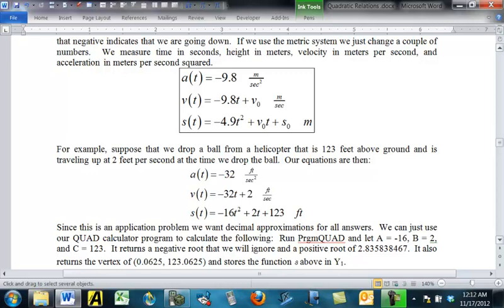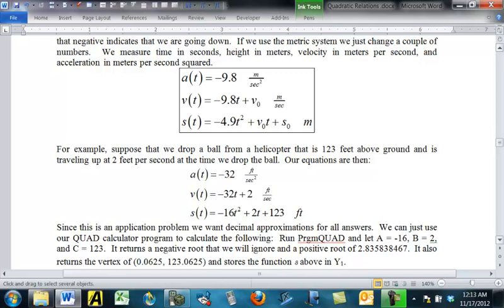So our equations become negative 32 for the acceleration, and negative 32t plus the initial velocity. Now, by the way, the acceleration is negative because negative is the downward direction, and gravity is pulling it downward. The initial velocity in this case is positive 2, upwards, so that's negative 32t plus 2.